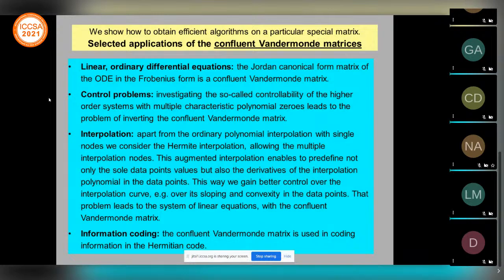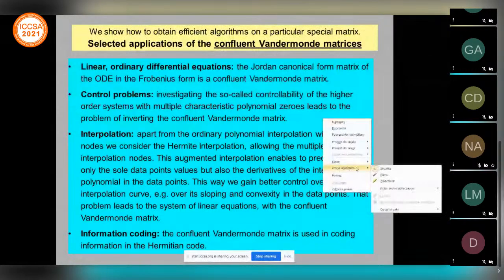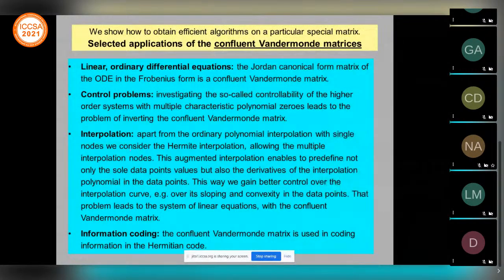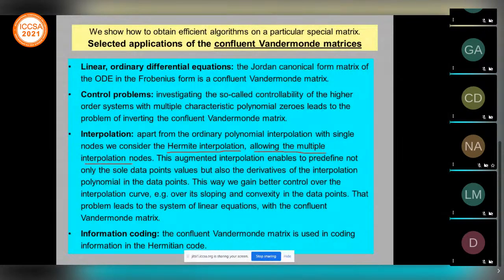During our academic course, each of us met the classical interpolation, but besides classical interpolation with single nodes, we also have a special generalized Hermite interpolation, which allows multiple interpolation nodes.